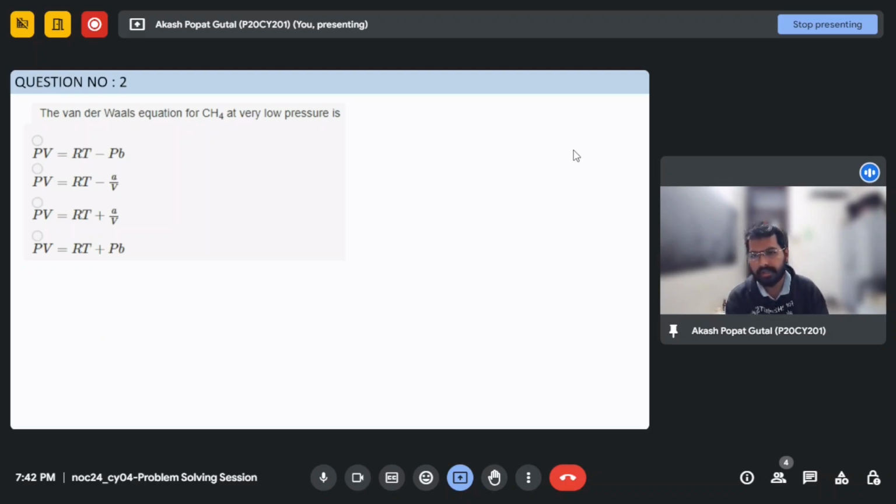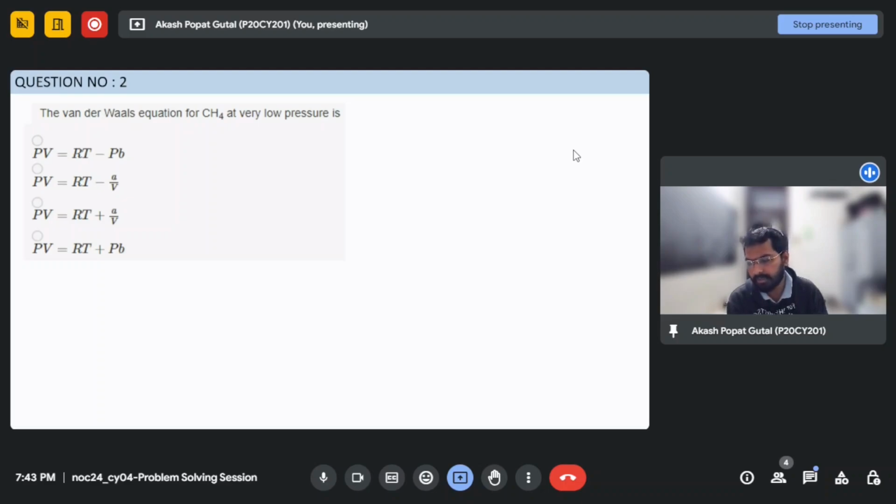And the interaction term, even though it is less, but at low pressure, your volume is really high. Once the volume is high, whatever the coefficient is there, the b value actually becomes negligible.